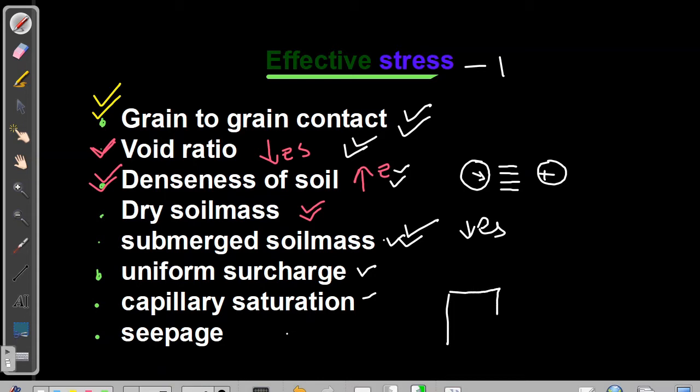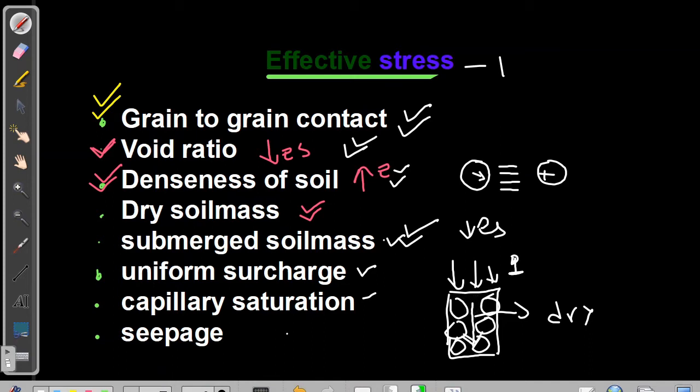So what happens when there is a uniform surcharge on soil mass? Let's take a soil mass like this. Today we stick to the dry condition, so only solids are present, no water. Due to uniform surcharge, let's say q. How can you imagine uniform surcharge? Let's say you construct a building on the dry soil mass.